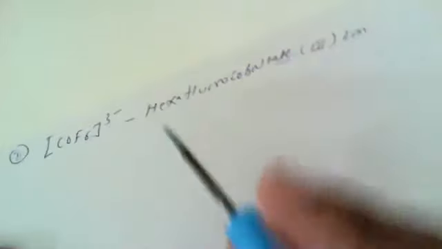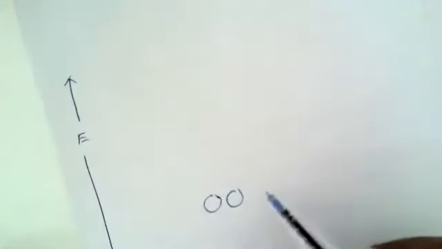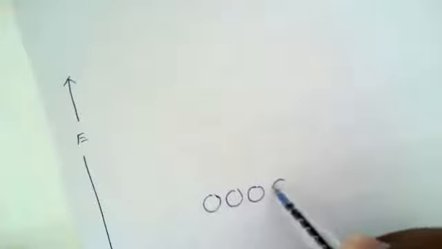Again, as usual, we have to show the increasing energy on the extreme left hand side. So show this increasing energy. Then first of all, the 5 3d orbitals, show these 5 3d orbitals like this.